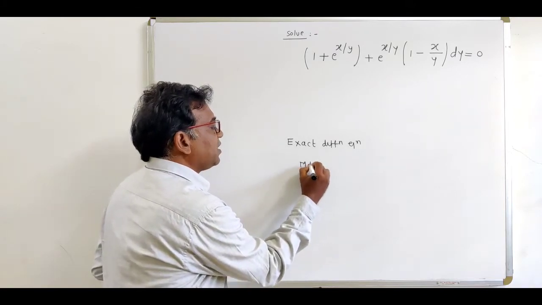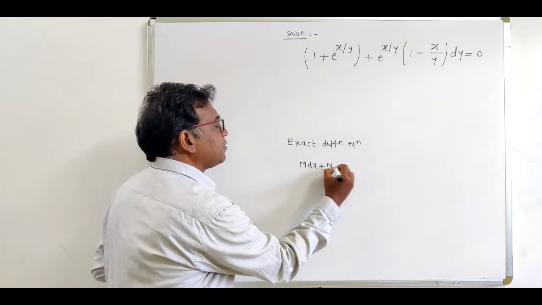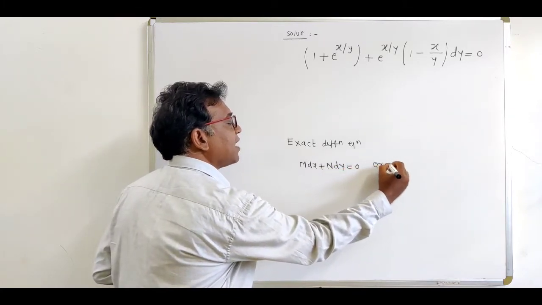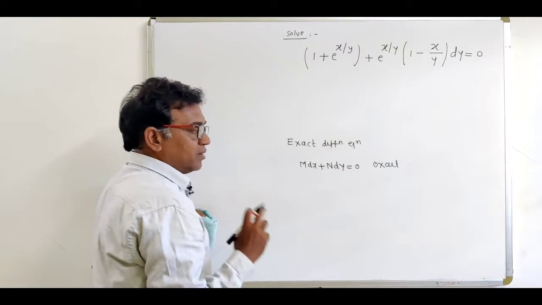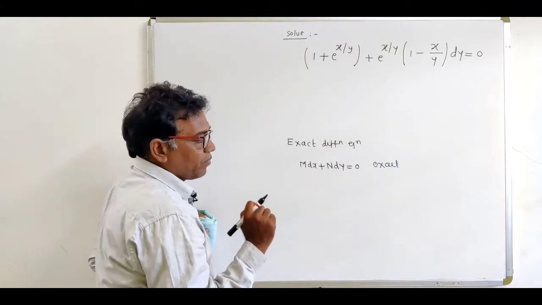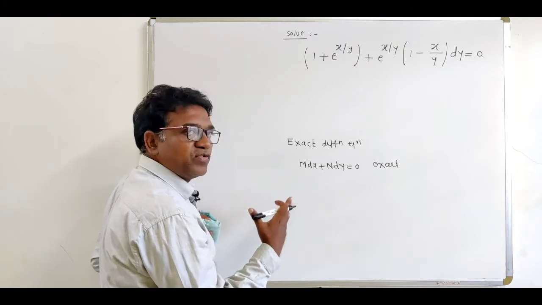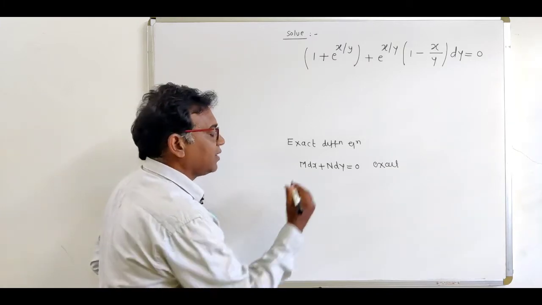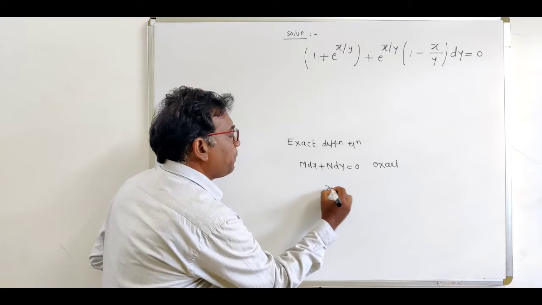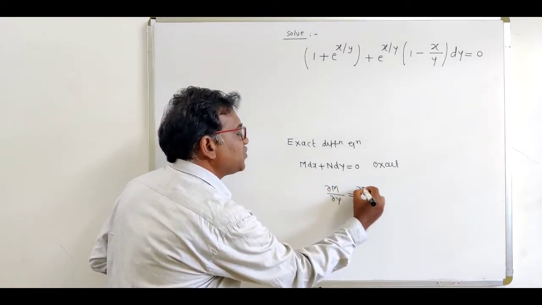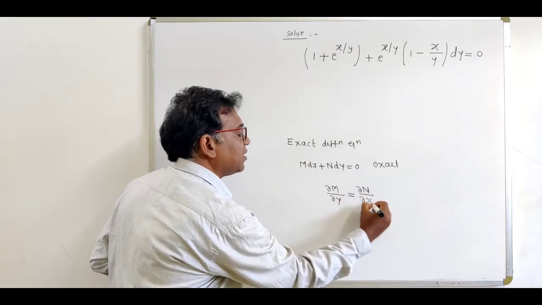A differential equation M dx plus N dy equal to 0 is said to be exact if the partial derivative del M by del y and the partial derivative del N by del x are equal.